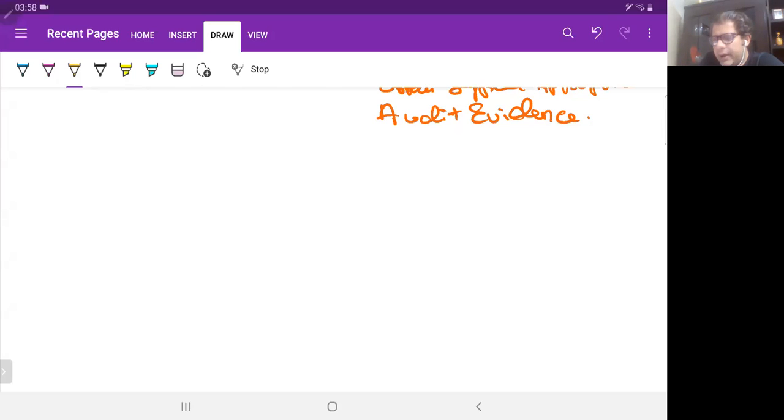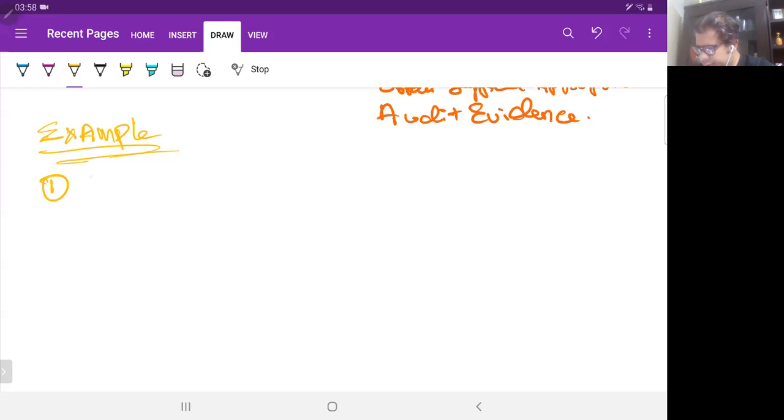Now, the acceptance and continuation of the group audit could be examined in several ways, right? Examples could include, now what are the examples which can be tested in your examinations?